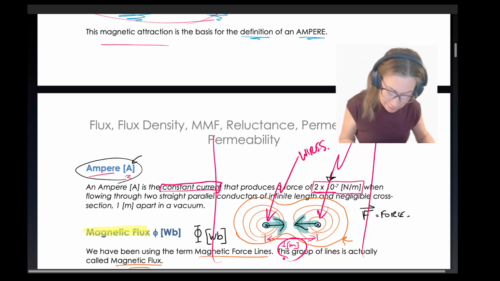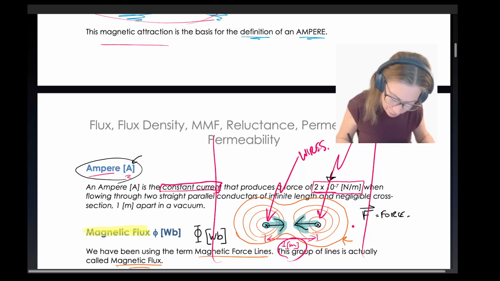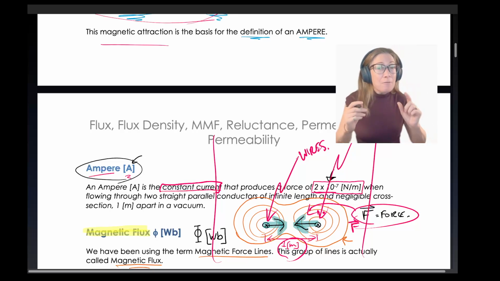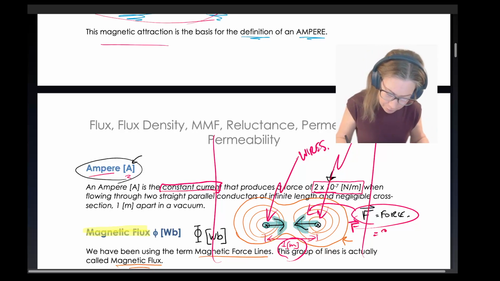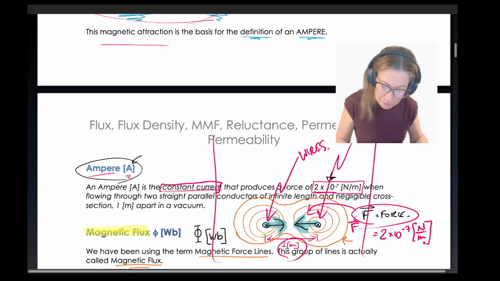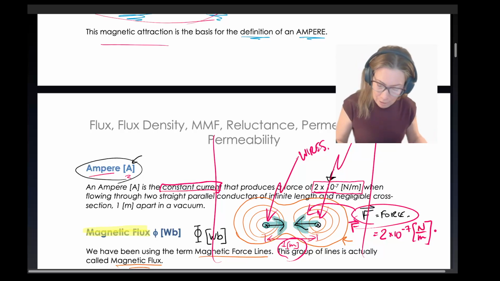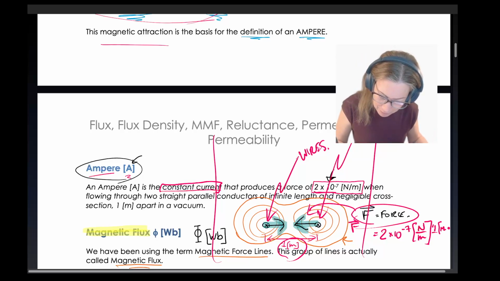And these blue lines here are the force vectors, until the force vectors measure a force of 2 times 10 to the negative 7 newtons per meter, times 1 meter because they're spaced 1 meter apart.